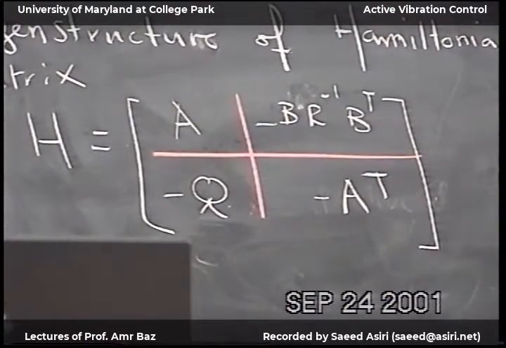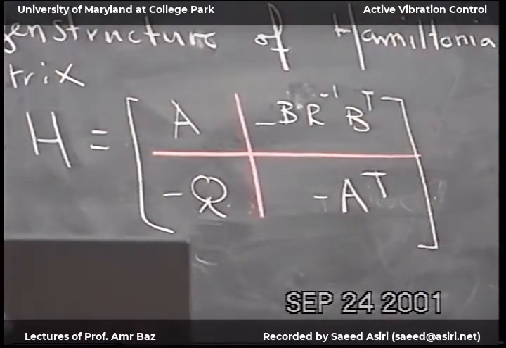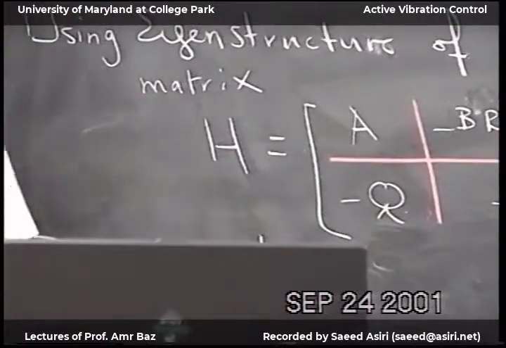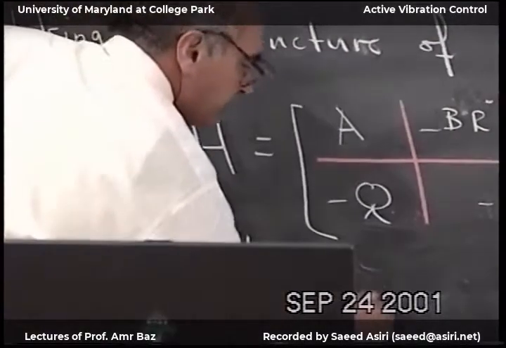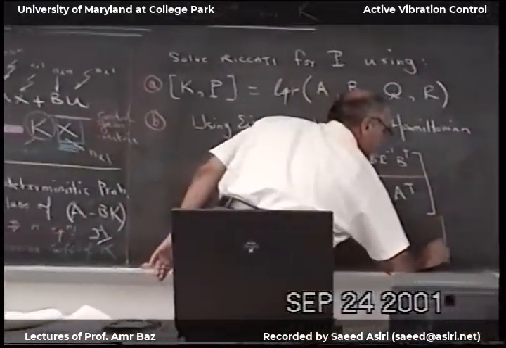So P is equal to W21 W11 inverse, where the W is the eigenvector matrix.